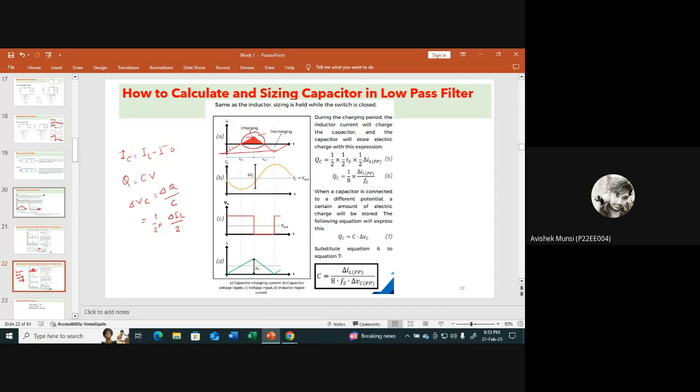And T by 2, because we are taking this time as half of the time. If this is the total time, then T by 2, T by 2.